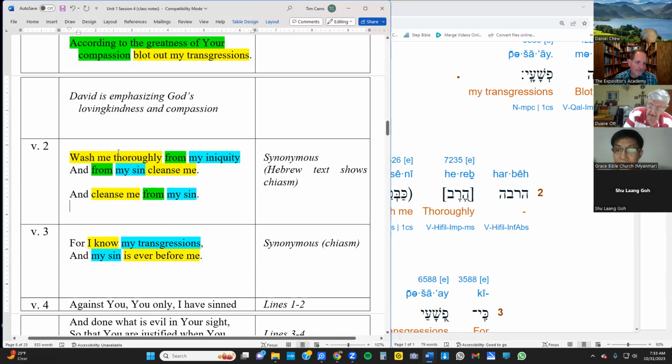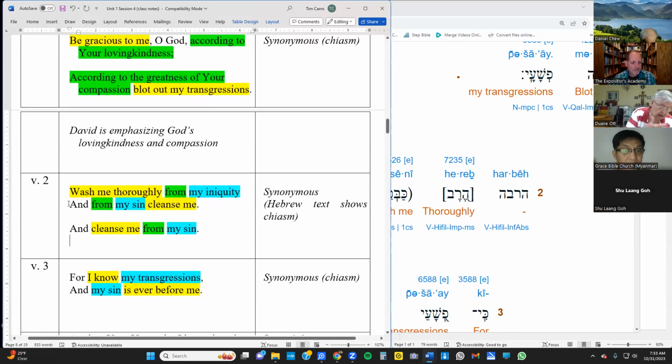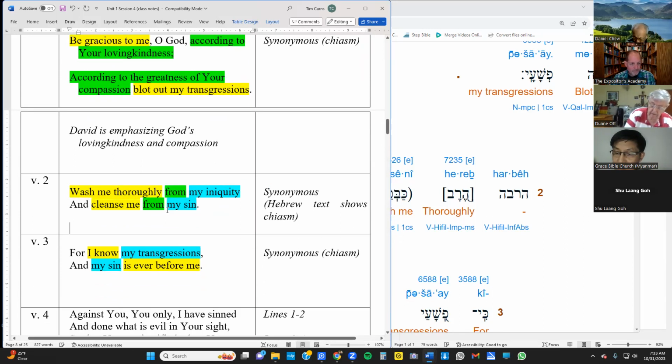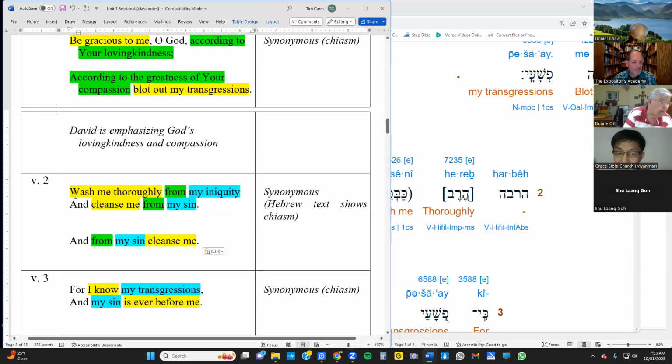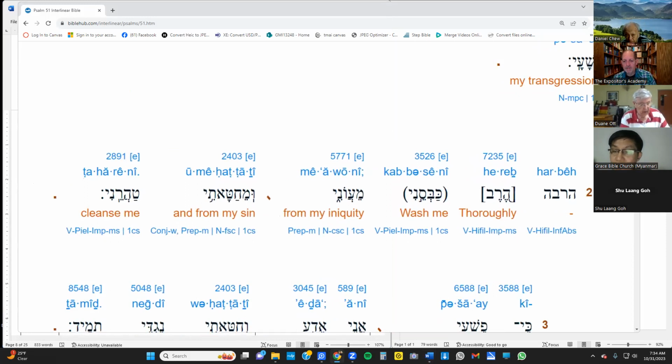And so what I often will do is, I'll do the English translation first. In my case, since I'm English speaking, I'll do the translation. Oh, it's synonymous. And then what I'll do is, okay, let me look over at the interlinear and see if there's anything. There's a reversal.